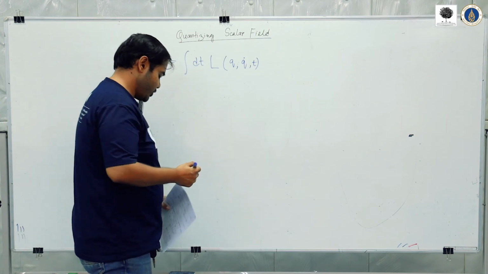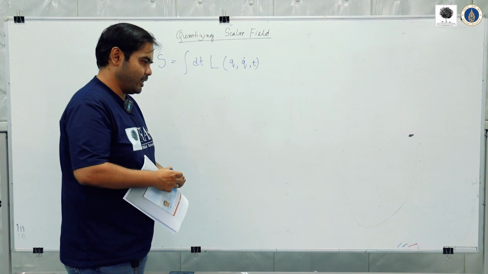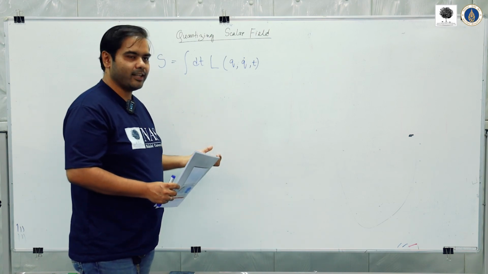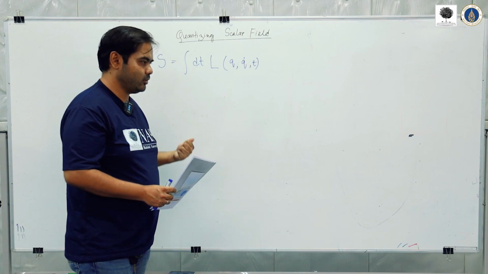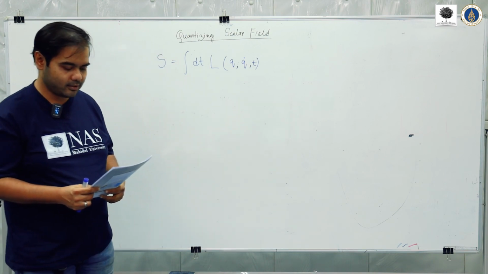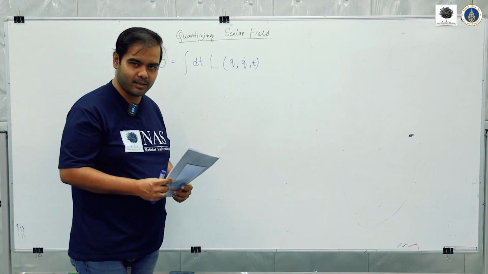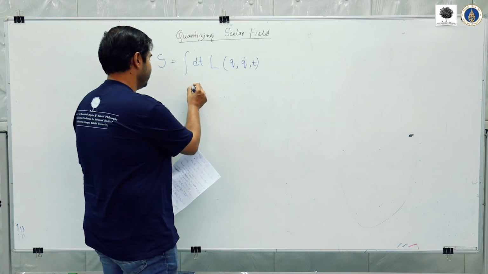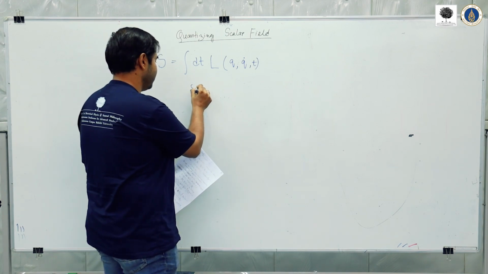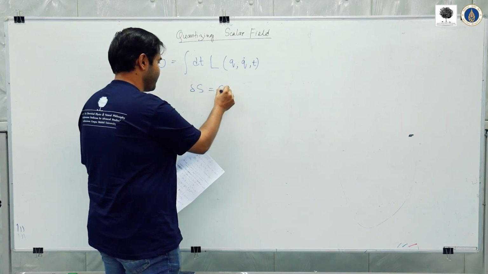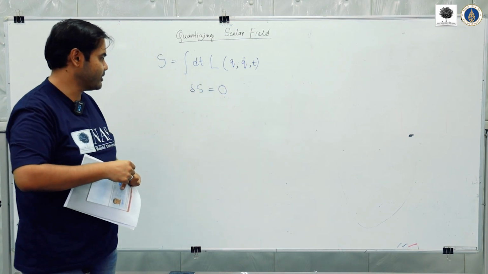This quantity action is said to contain all the information about the dynamics of the system, and I hope the audience knows how to arrive at the dynamics. The dynamics is arrived at by taking the variation of the action and setting it equal to 0, which is the famous action principle.